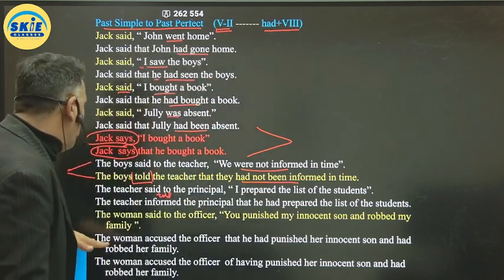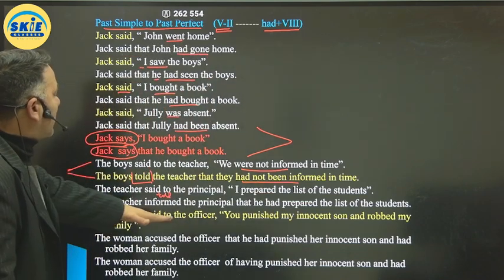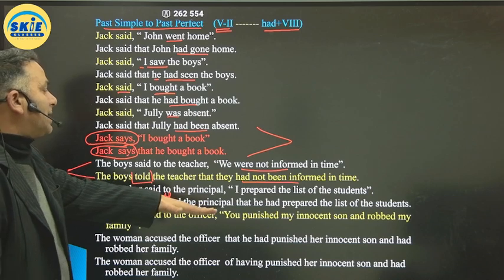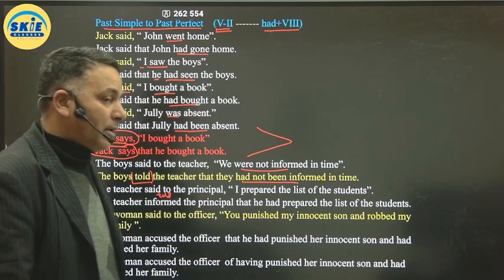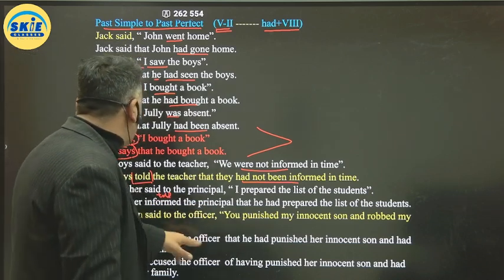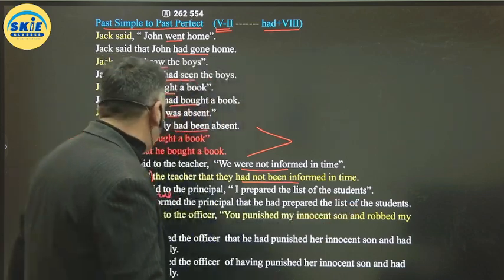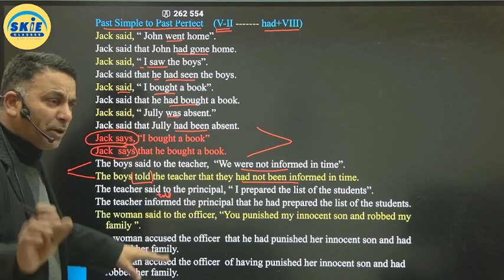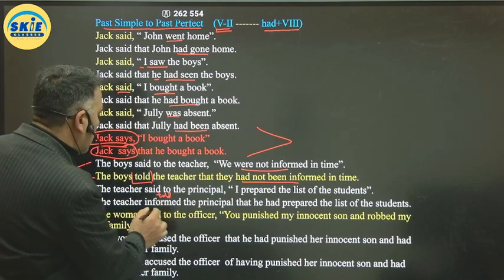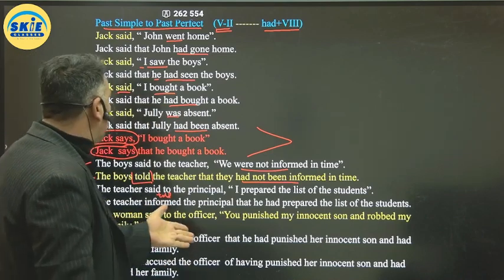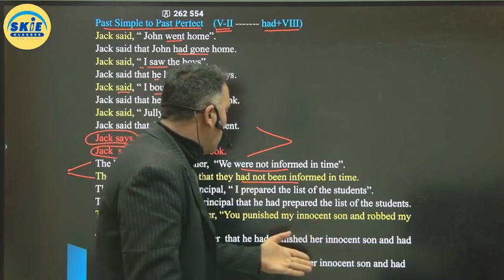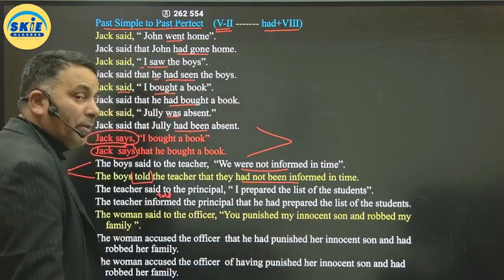Right? So, the woman said to the officer, you punished my innocent son and robbed my family. Actually, it is a bit of accusing, right? The woman accused the officer that he had punished her innocent son and robbed her family.